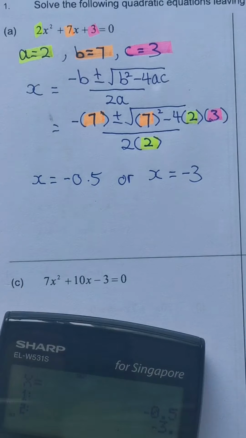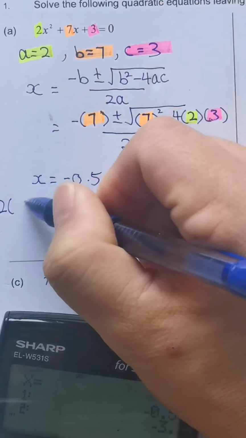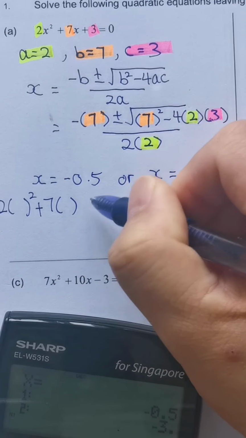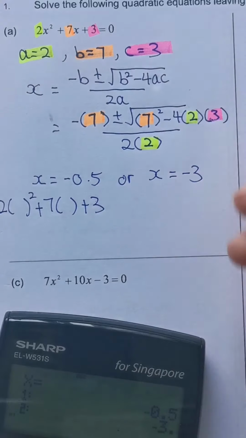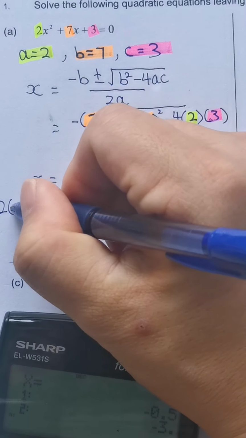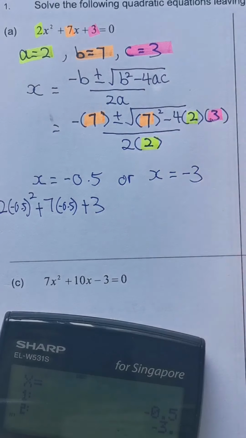Let's do a quick check. We have 2, and for the variable, I usually put a bracket again, squared, plus 7 bracket, plus 3. I let x be negative 0.5, so I put negative 0.5 in each bracket.